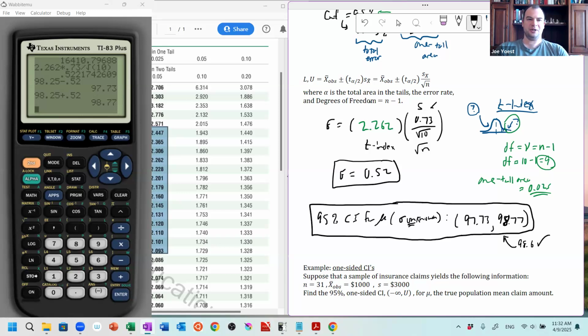But if I was asking about a temperature like 99.6, I would say it's unlikely or not reasonable that 99.6 would be the true mean because it's outside of this confidence interval. At this point, we're really touching on some ideas in chapter 8, hypothesis testing, making a binary decision: do I think this is true, yes or no, on the basis of this kind of continuous information.